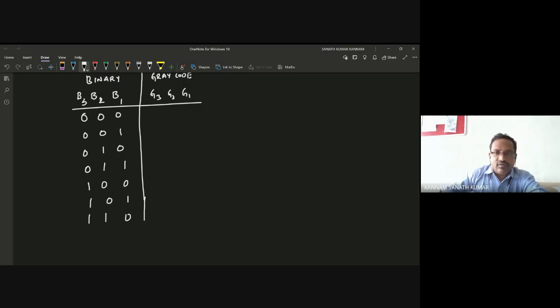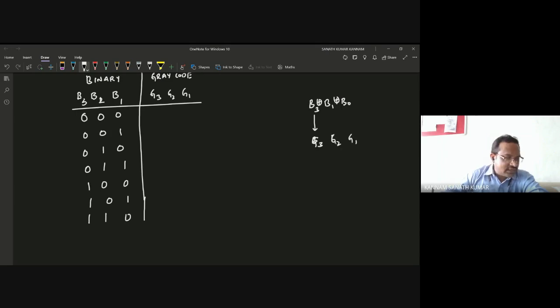So let us take this is B3, B2, B1. So first number will come as it is, that means B3 will come, and this is G3. And next number, how will it come? That means XORing this digit and this digit, you will get G2 and G1.